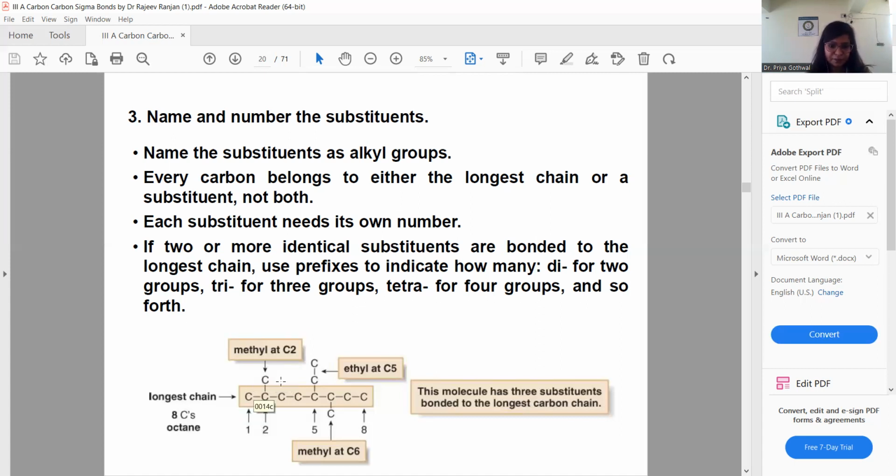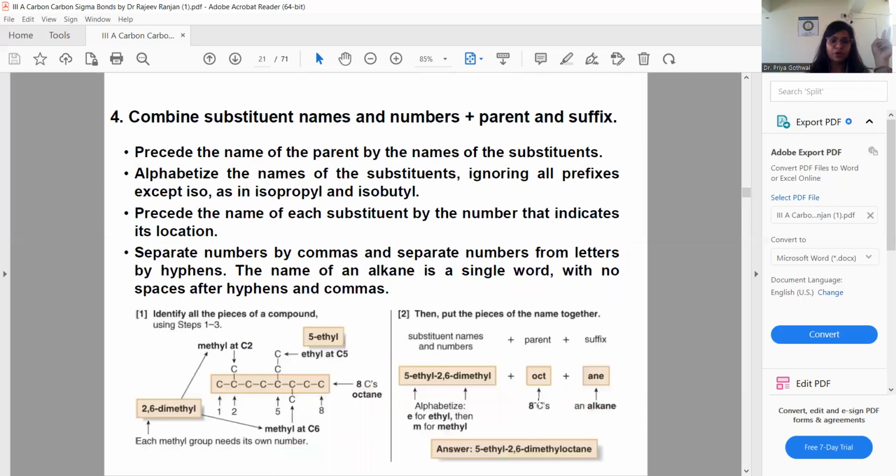From left to right: methyl at C2 position, methyl at C6 position, and ethyl at C5 position. This molecule has 3 substituents bonded to the longest carbon chain. So the numbering of the substituents is the most important thing in the IUPAC nomenclature system.